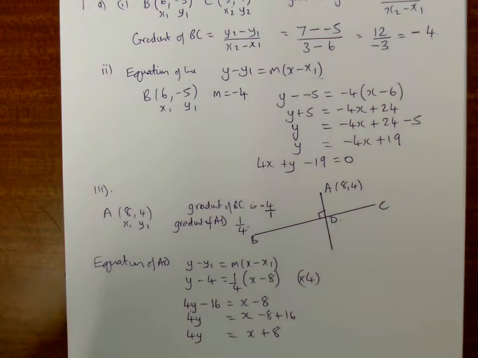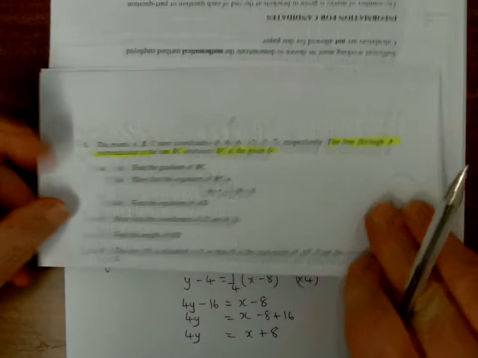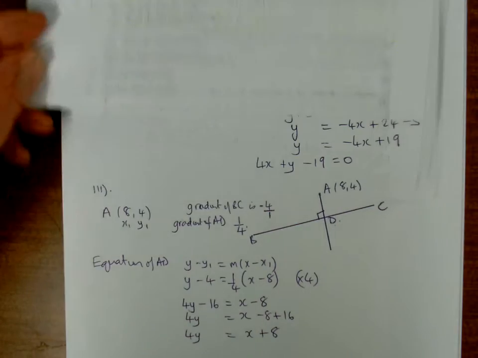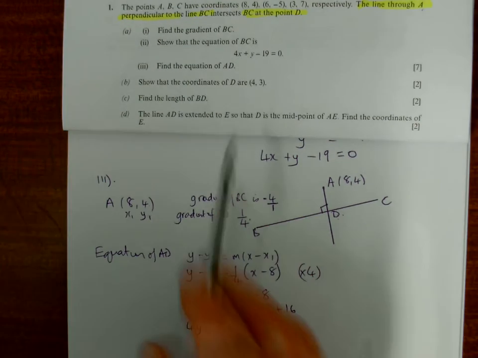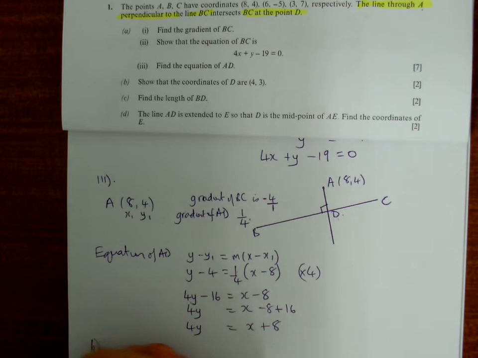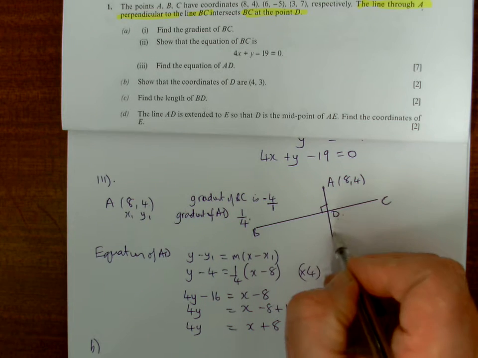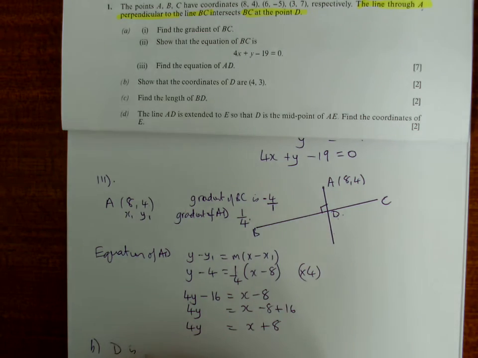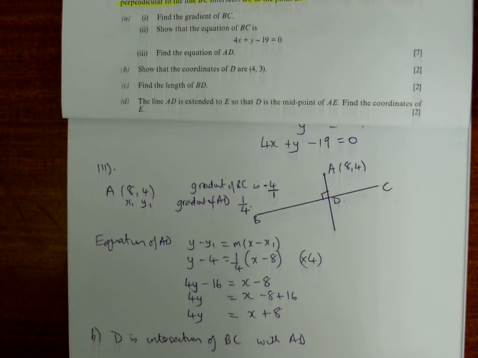Okay, now then part B wants me to show that the coordinates of D are 4, 3. Now then, D is the intersection of the line BC with the line AD. So the two lines meet. It's the intersection of BC with AD.